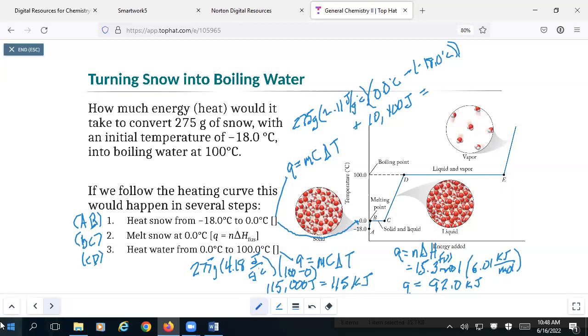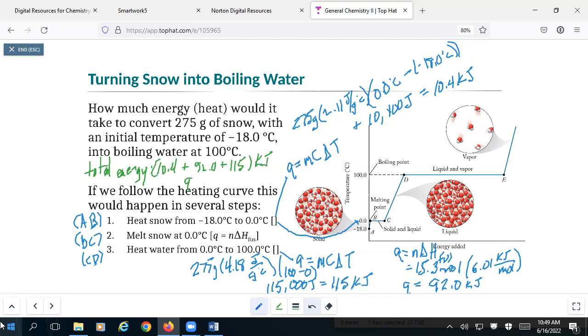I'm going to go ahead and convert our first problem to kilojoules as well. And so if we were looking at the total energy, it'd be the sum of these three. 10.4 kilojoules plus the 92.0 kilojoules plus the 115 kilojoules.